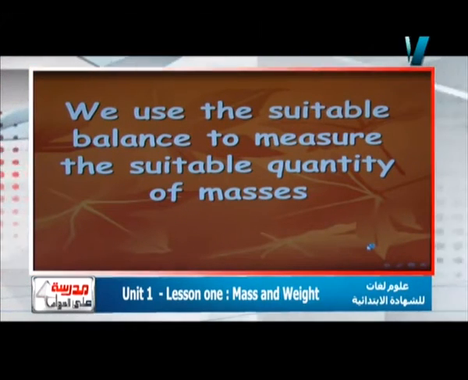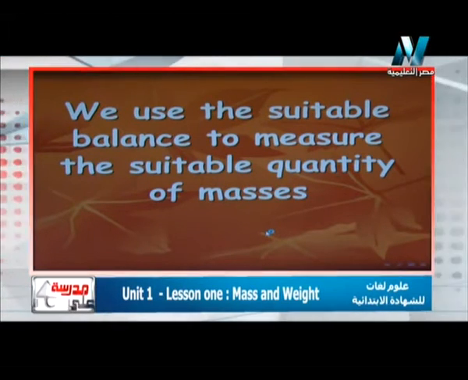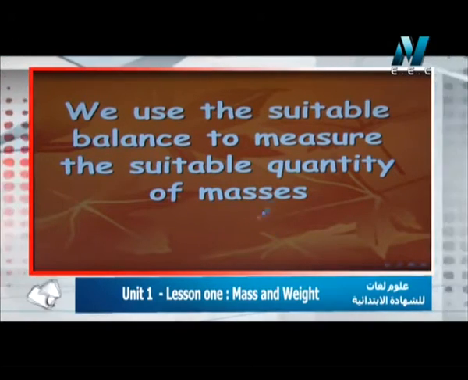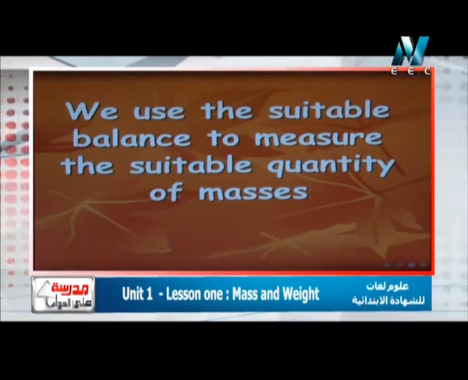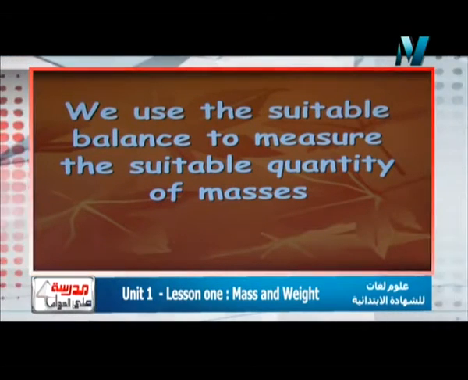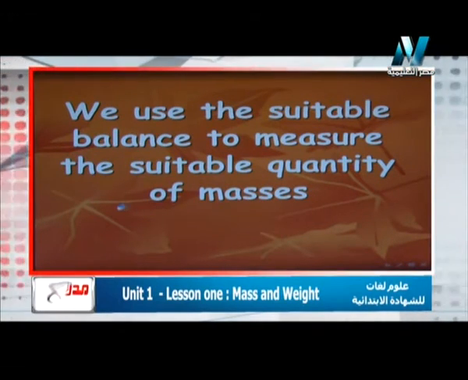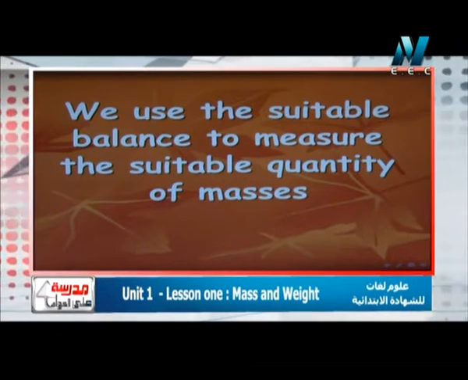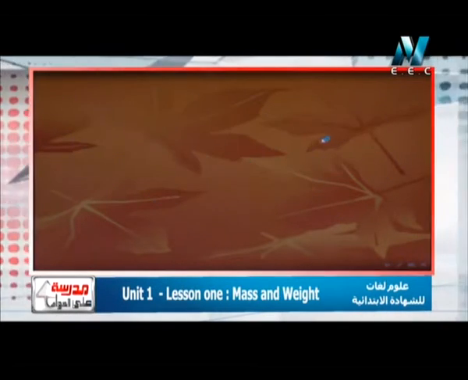For example, if I want to measure the mass of gold and silver, I will use a digital scale or a sensitive two-arm scale. If I want to measure the mass of fruits and vegetables, I will use a balance scale or a one-arm scale with a pointer. So it's very important to know that I use the suitable balance to measure the suitable quantity of masses.